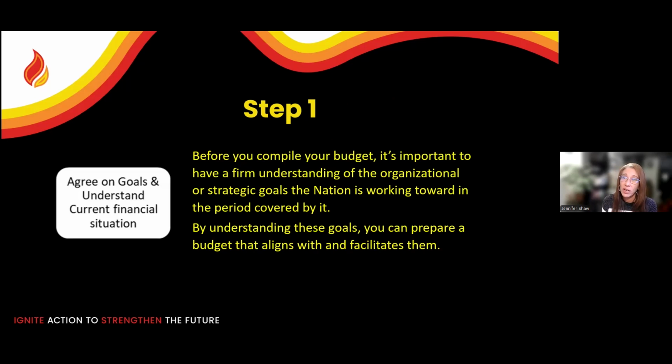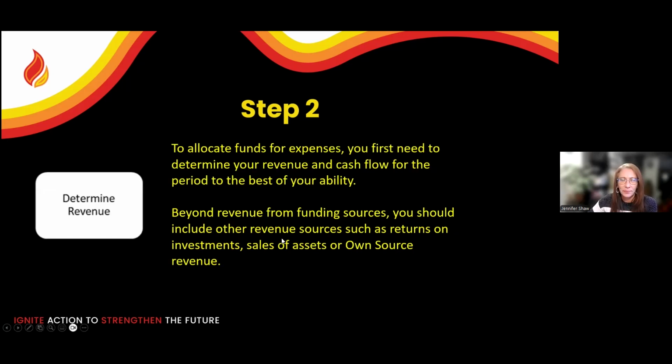Or if your nation has a community comprehensive plan, a lot of times the goals and objectives of the nation can be found within that document as well. So you really want to understand these goals, and they really are overarching goals, but you want to prepare your work plan and hence your budget with activities that support these goals.